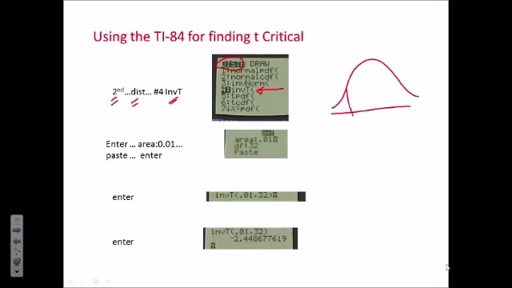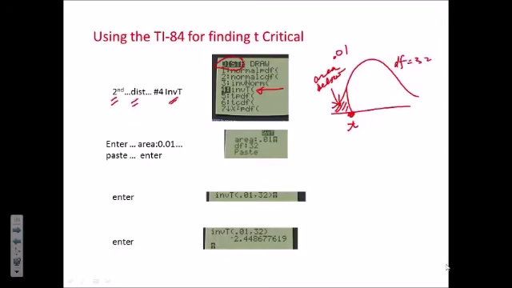So area below is T, and this would be the area to the left, area below. Now we know this area below is 1%. And we know degrees of freedom is 32.